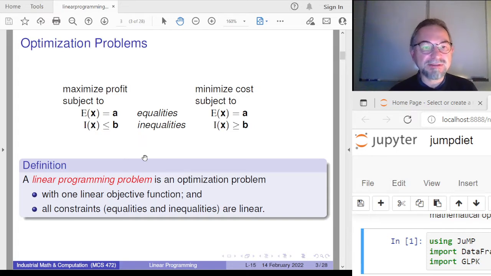When we maximize profits, our inequalities are typically formulated by their upper bounds. When we minimize costs, we typically have lower bounds on the inequalities. So these are the two pure forms of the problems.